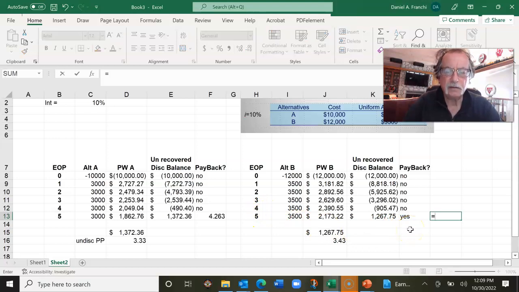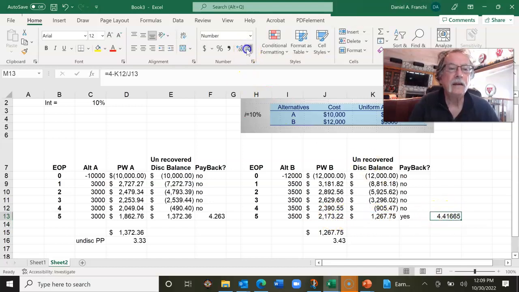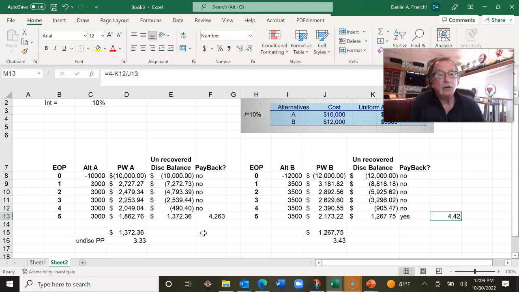So this is going to be 4 minus the 905, and we're going to recover that out of 2175. 4.42 years. So I guess by present worth analysis you would pick alternative A. By payback period you would pick alternative A as well, but they're not significantly different. I'm sorry, alternative A by discounted payback period.